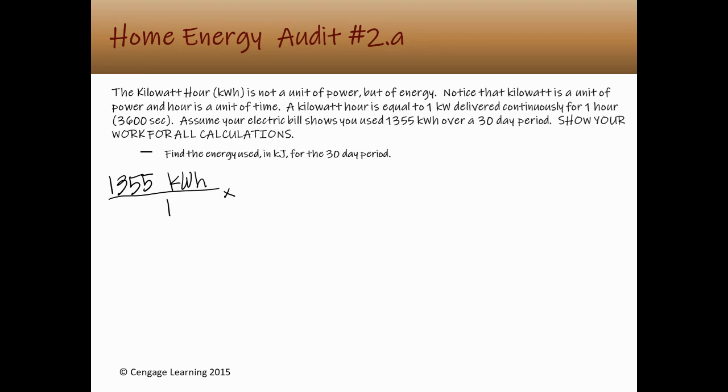So you could do 60 minutes in an hour and then 60 seconds in a minute and that whole thing. I'm just going to skip a step, and I know that there are 3,600 seconds in 1 hour. So hour here is in the numerator. So it's going to cancel for me. Hour is going to cancel here.